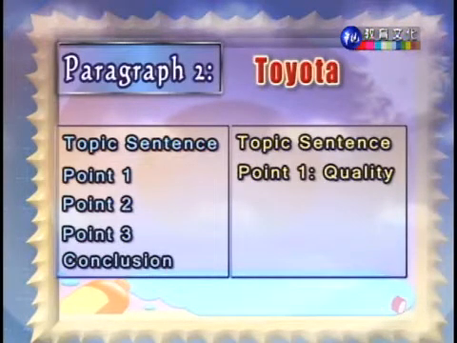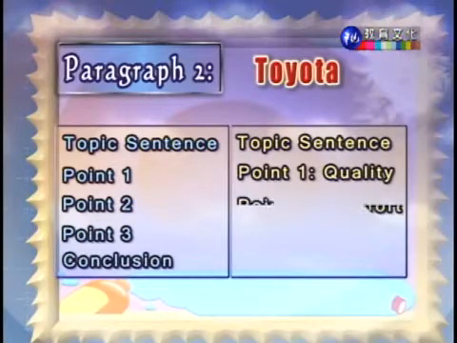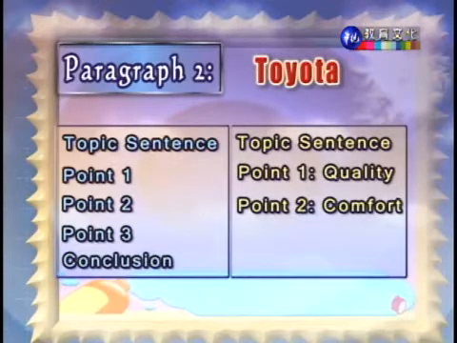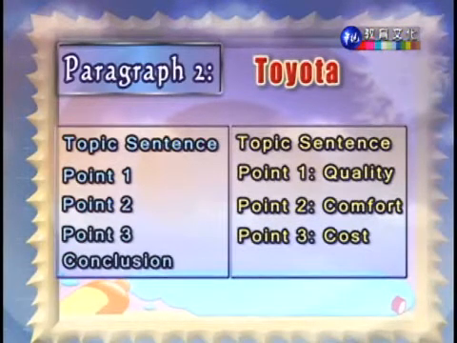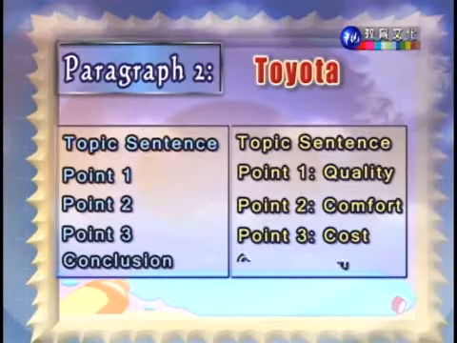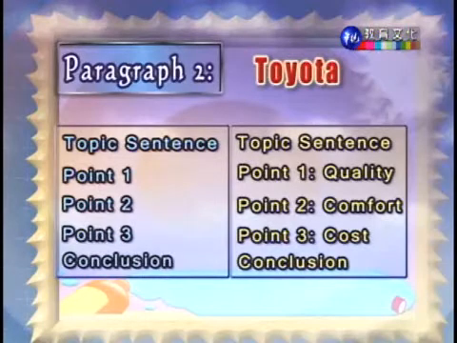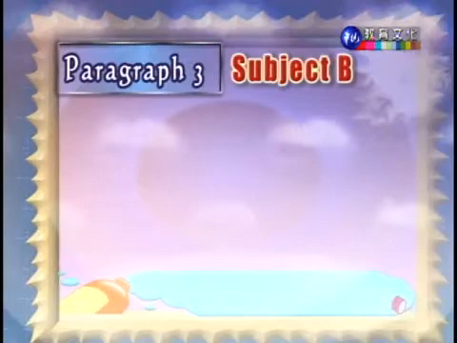The second point can be about the comfort of a Toyota. The third point can be about the cost of a Toyota. And then we have our conclusion after that. When we go on to our third paragraph, you should organize it the same way as your second paragraph.